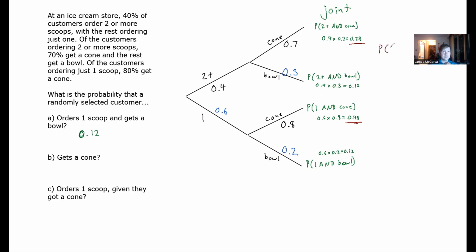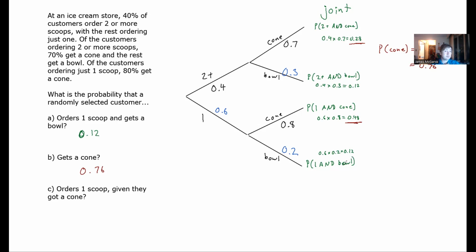So the probability that someone gets a cone is 0.28 plus 0.48, which is 0.76. And that's our answer here, 0.76. We just added these two together. Very simple. These people get cones, those people get cones, everyone else gets bowls.